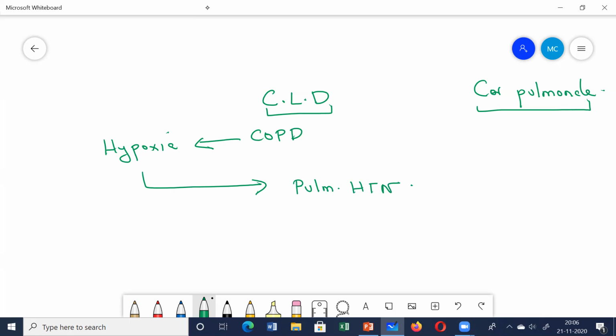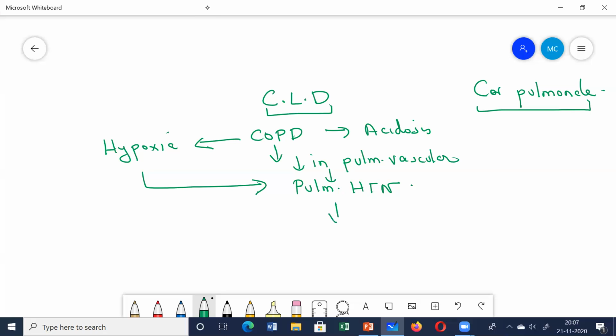Apart from causing hypoxia, COPD also causes acidosis, and it increases the carbon dioxide concentration in the blood, so it can also cause hypercapnia, right? And there is also reduction in the pulmonary vascular bed. So because of all these things, there has occurred pulmonary hypertension.